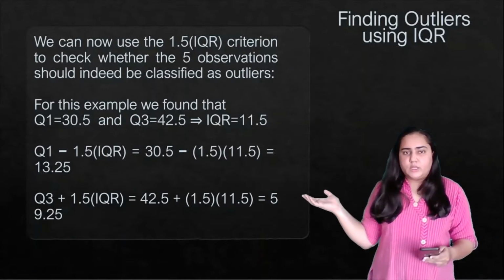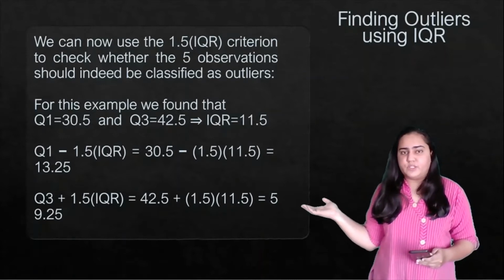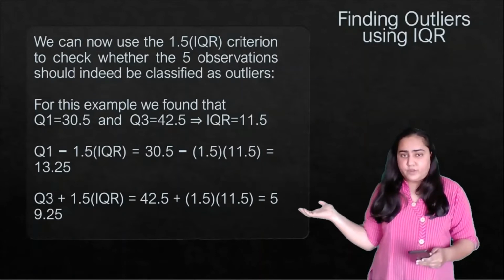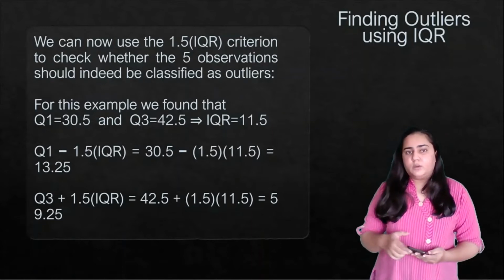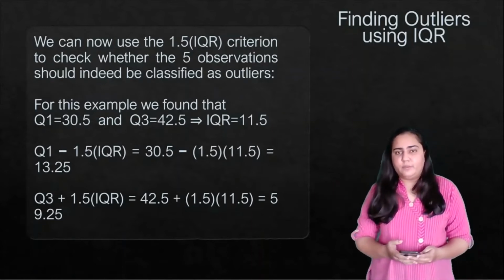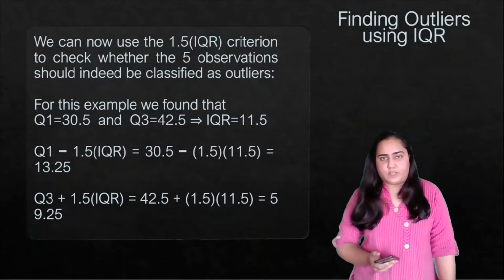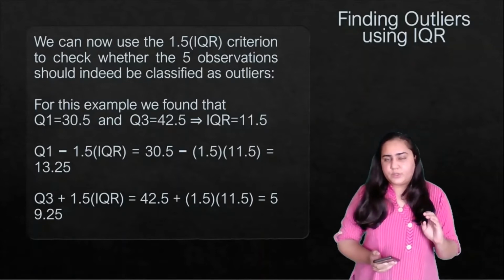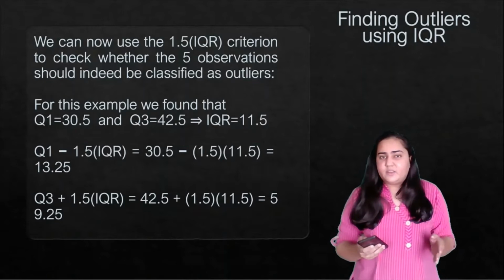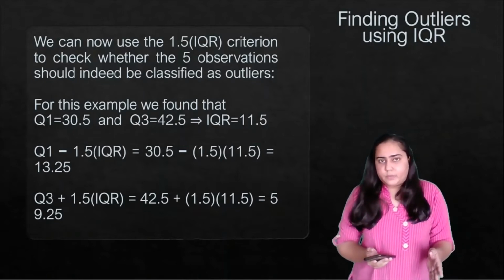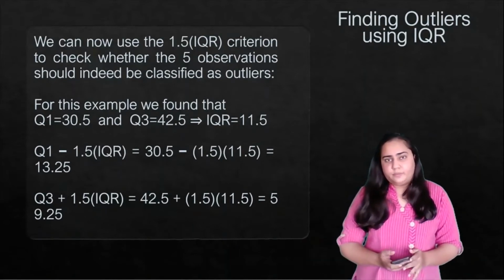So now we are doing Q3 plus 1.5 IQR, which gives you 42.5, in which we are going to add 1.5 times 11.5. And once we do that, we will get 59.25. So we got two values, 13.25 and 59.25. So what we mean to say is anything that lies between these two values is not an outlier, but anything that lies beyond that is an outlier.